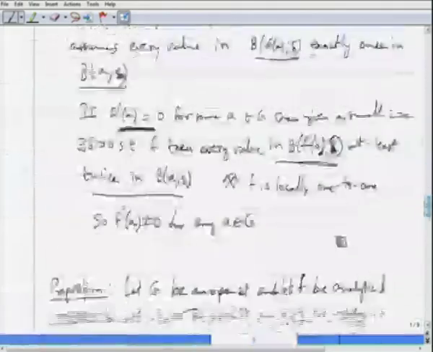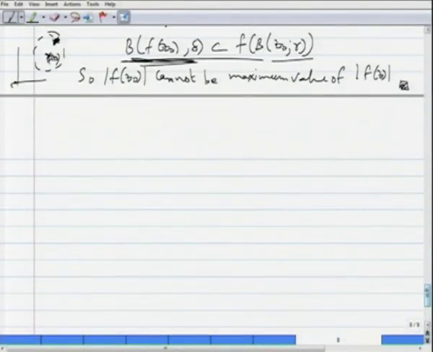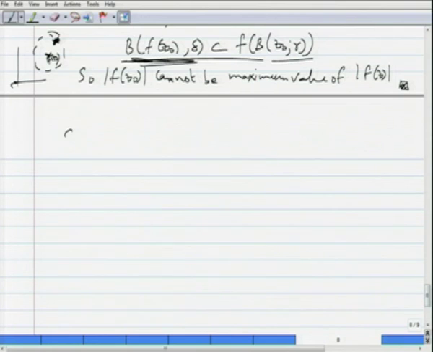So, coming back to here, now we can prove the Schwarz lemma, which is an important consequence of the maximum modulus theorem. So, we can say something more about the function f and its bounds when we have more conditions, as follows.